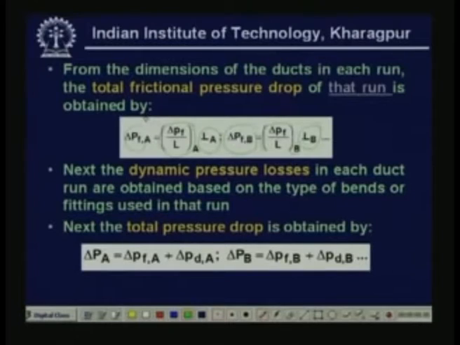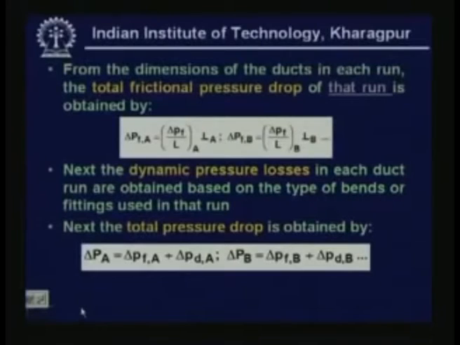Now, after we find the frictional pressure drop, we have to find the dynamic pressure losses in each duct run. As I explained in the last lecture, the dynamic pressure losses depend upon the velocity, and also upon the duct layout: how many bends you have, whether you have a branch or takeoff, or whether you have any coils, etc. Depending upon this information, one can calculate the dynamic pressure losses.